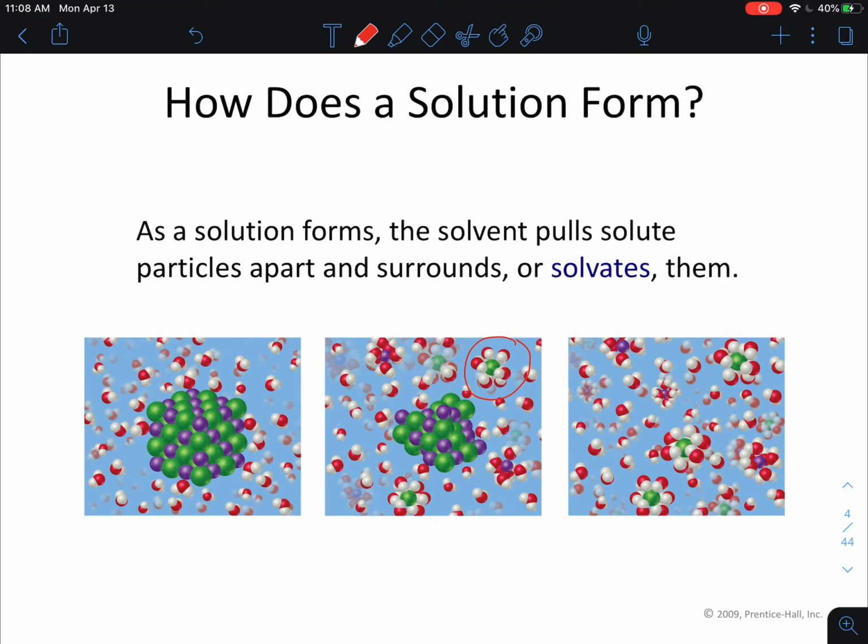Finally, at the right, you see a fully developed solution where solute and solvent are intermingled, and there's no isolated solute and really no isolated solvent. What we use to describe this are called solvates. When our particles are surrounded by solvent molecules, that's what we're looking for. And in the case where the solvent is water, we can call those hydrates.